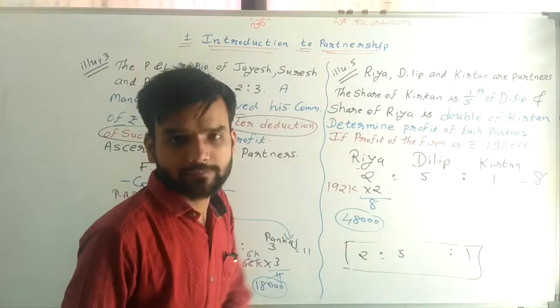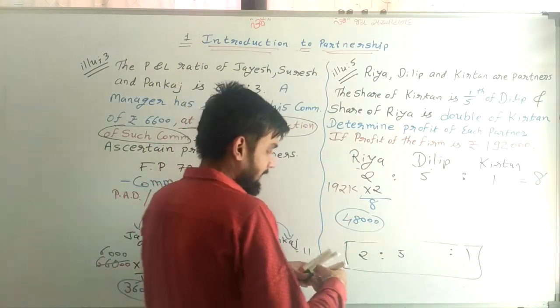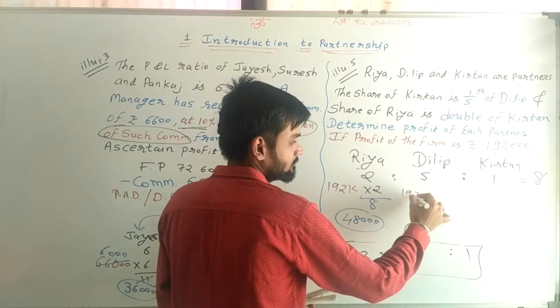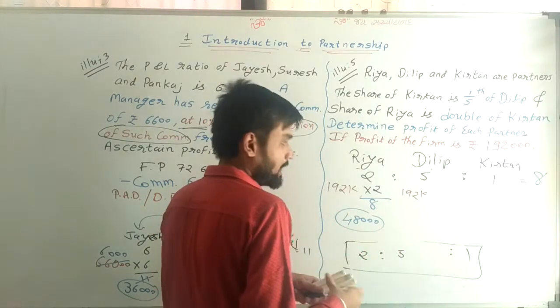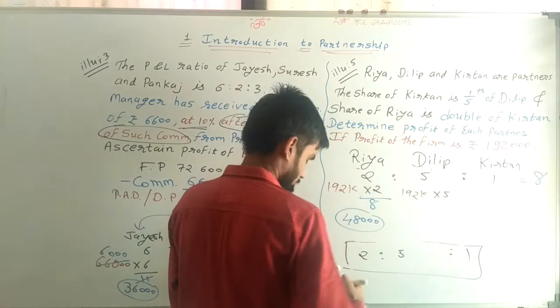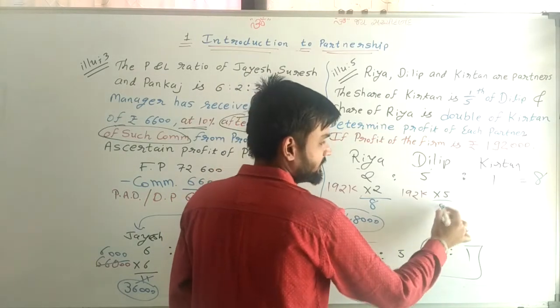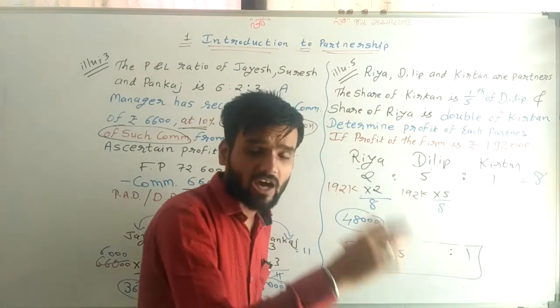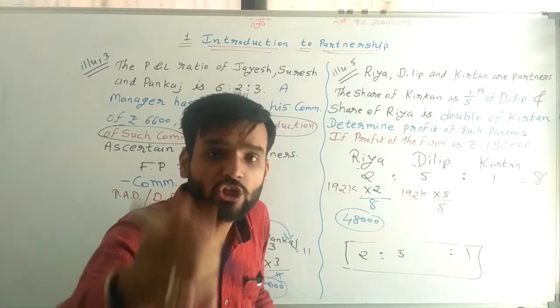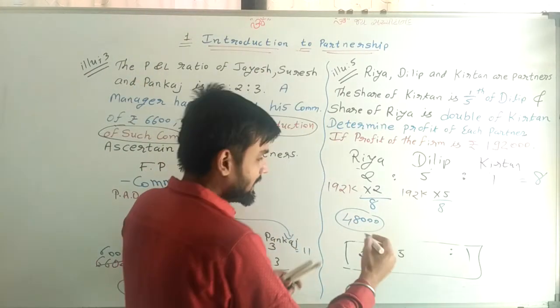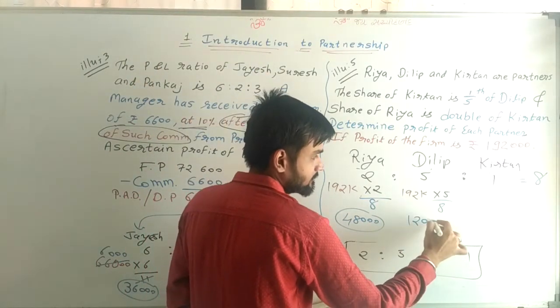Then we find the second one. 1,92,000 multiplied with 5, divided by 8, and after doing this calculation you will get 1,20,000 rupees.